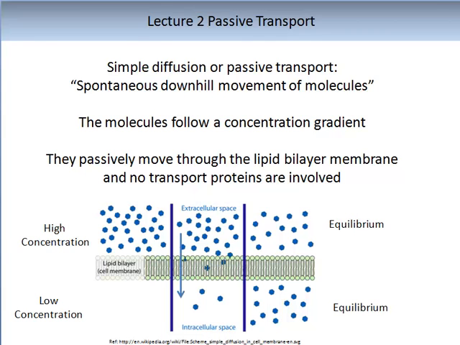Assuming that the cell membrane does not act as a barrier to the particular compound that is moving through it, and indeed it does not act as a barrier to water, molecules will be driven through the dynamics of Fick's law. That is, they will move naturally from a high concentration to a low concentration.